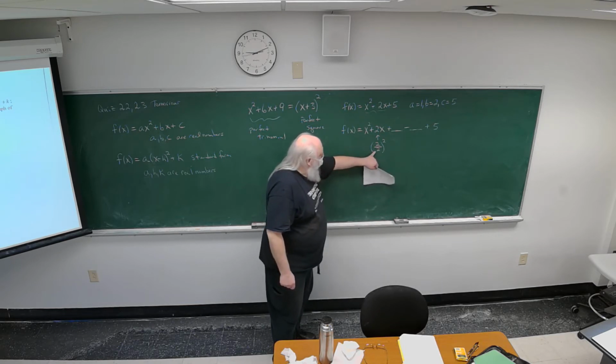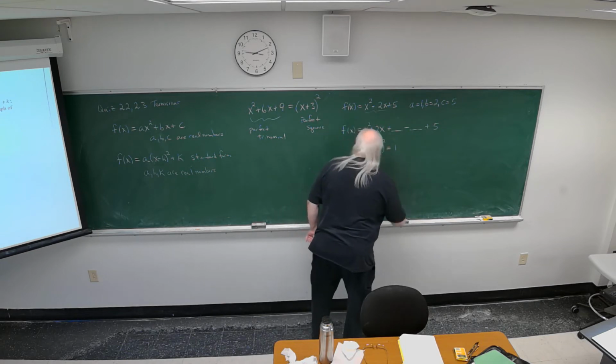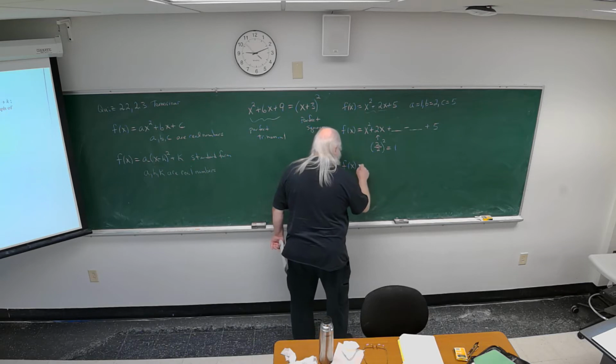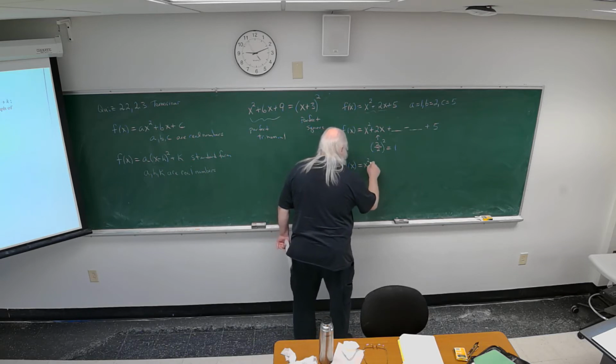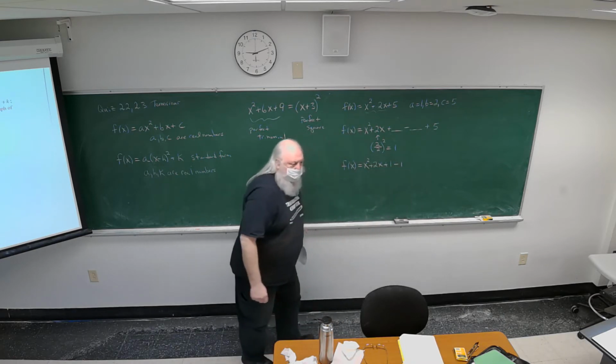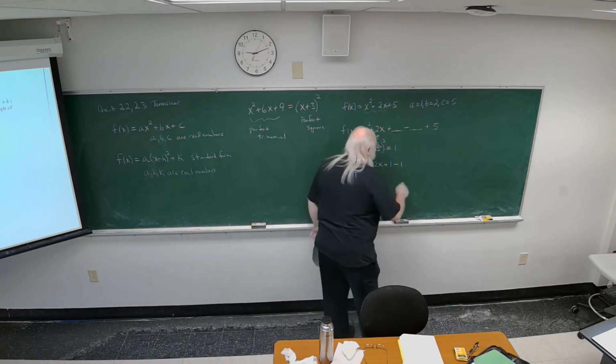And so 2 divided by 2 is 1, and 1 squared is 1. So we're going to add 1 and subtract 1 from the right-hand side. Plus 1 minus 1 goes into the blanks, and then plus 5.